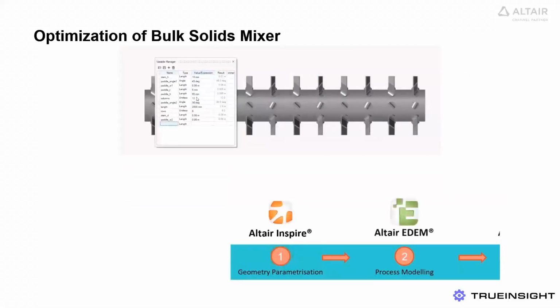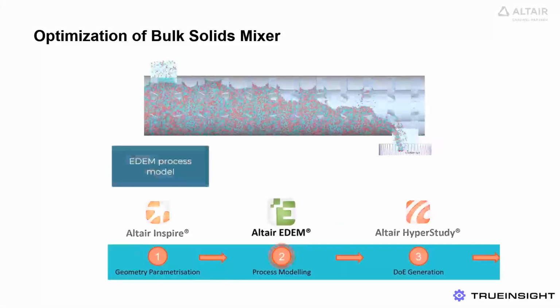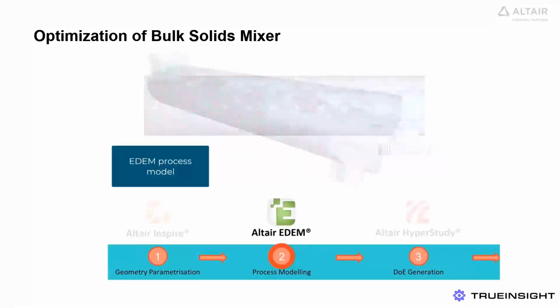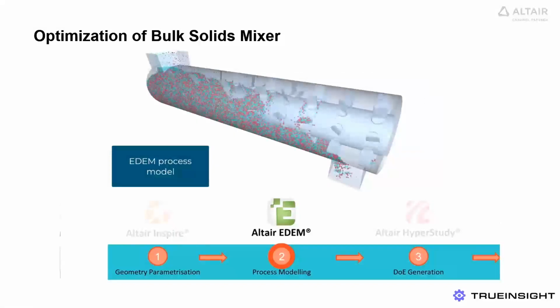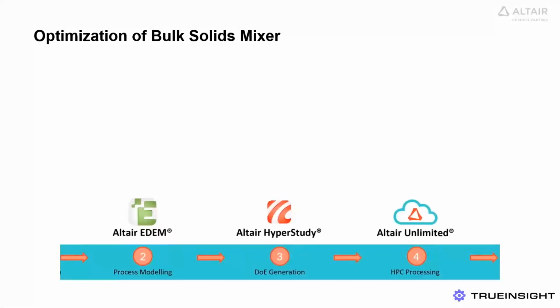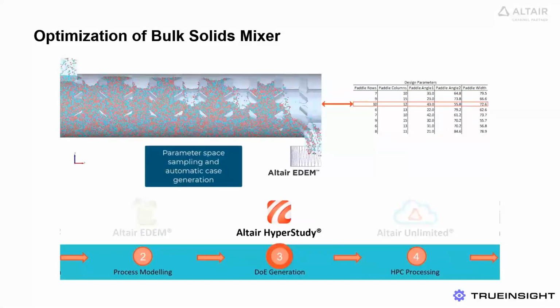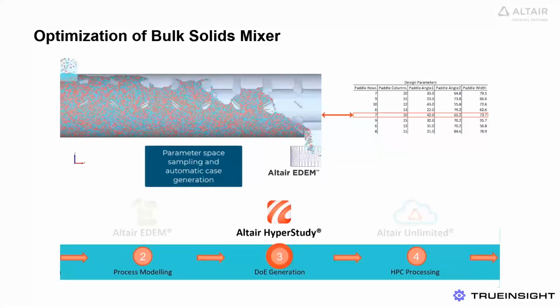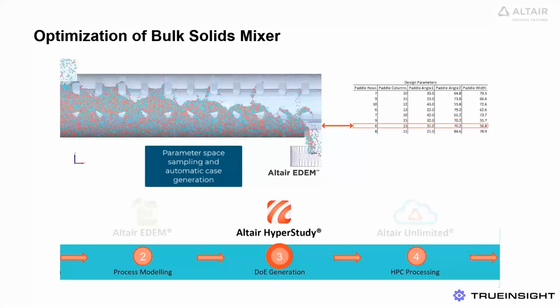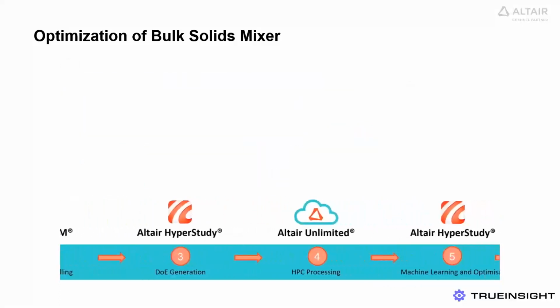EDEM was used to simulate the interactions of the 2-part bulk mixture with the mixer. Altair HyperStudy was used to generate the DOE, or design of experiments, and execute the optimization. And finally, the EDEM simulations were run on an HPC, the Altair Unlimited Cloud, to provide accelerated simulation results.